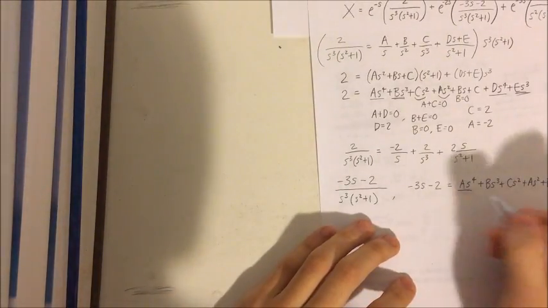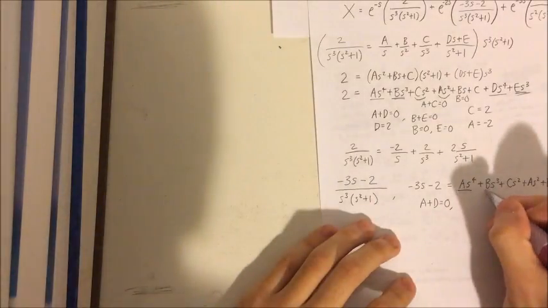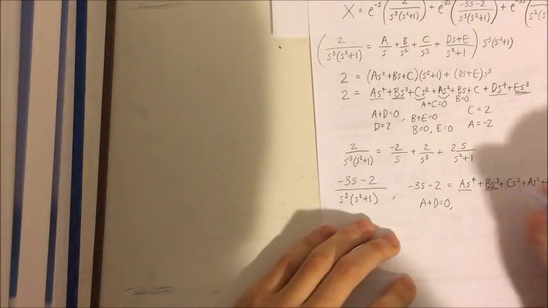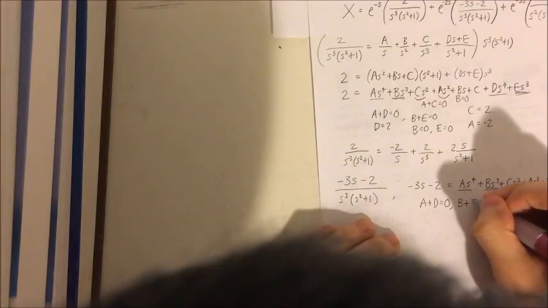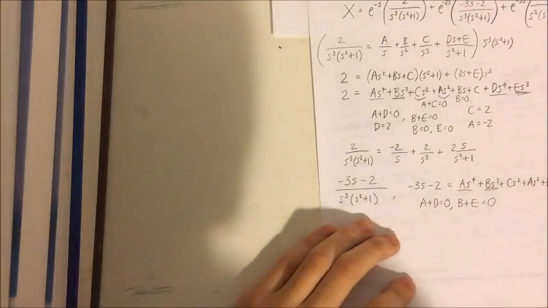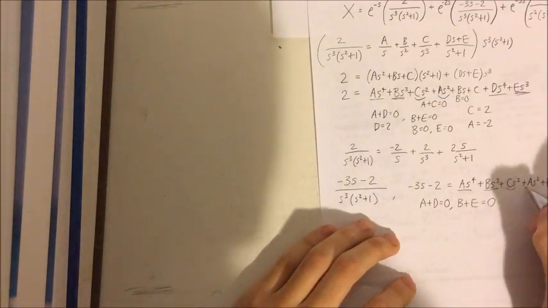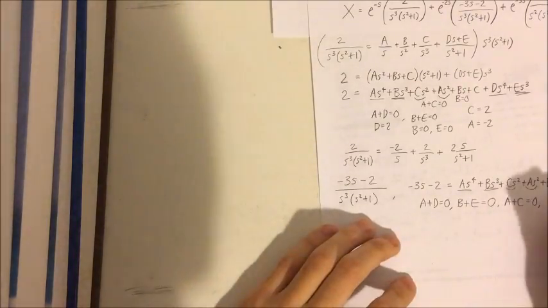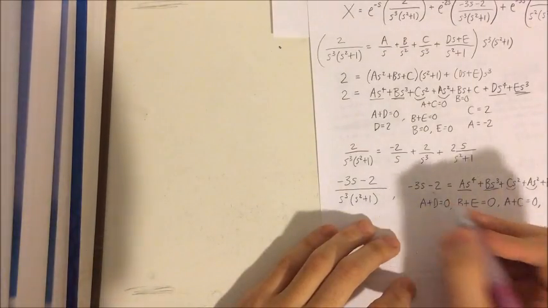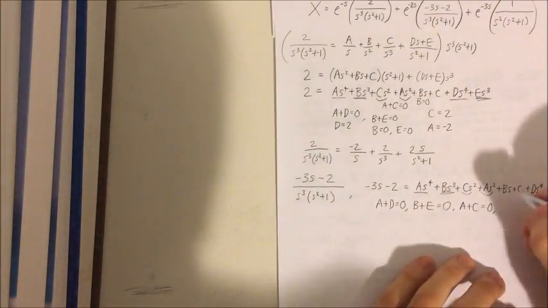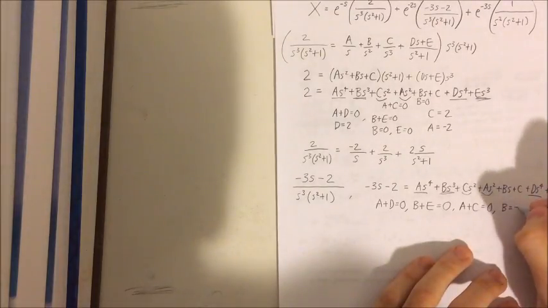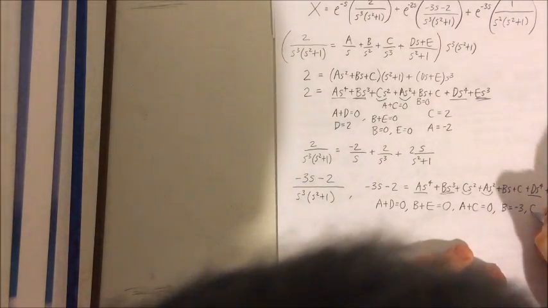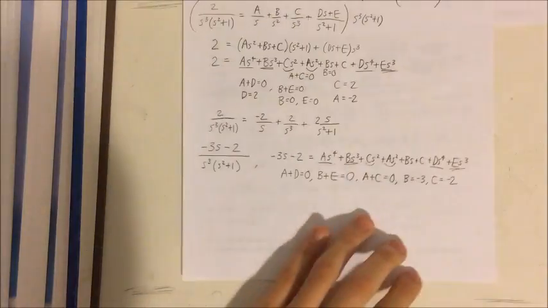Again, we're going to collect powers. Powers of 4: a plus d is equal to 0. Powers of 3: b plus e is going to equal 0. Powers of 2: a plus c is equal to 0. bs plus c are the only linear and constant terms, so b is equal to negative 3. C is equal to negative 2.